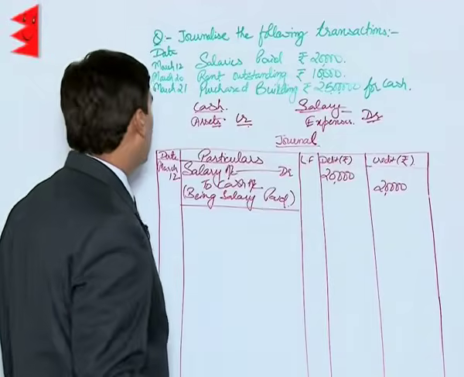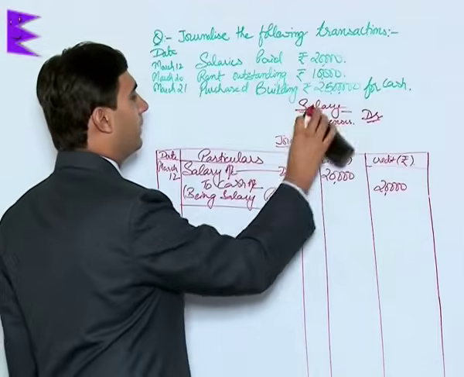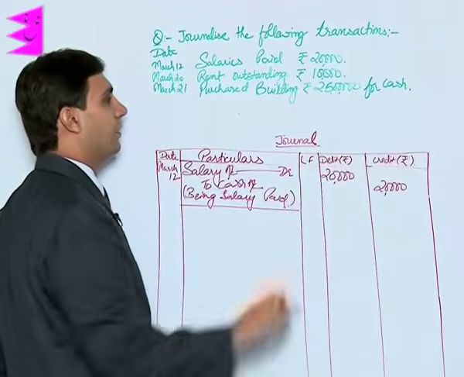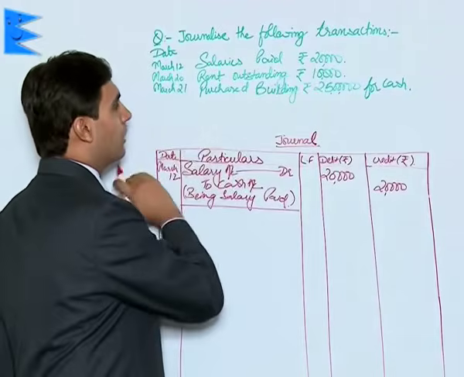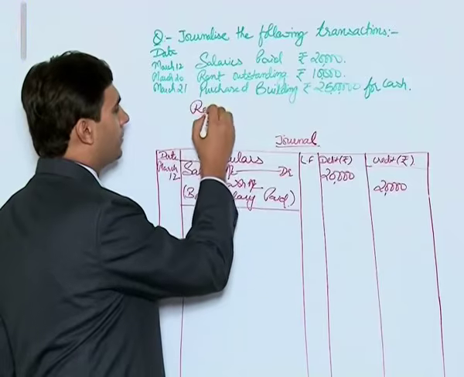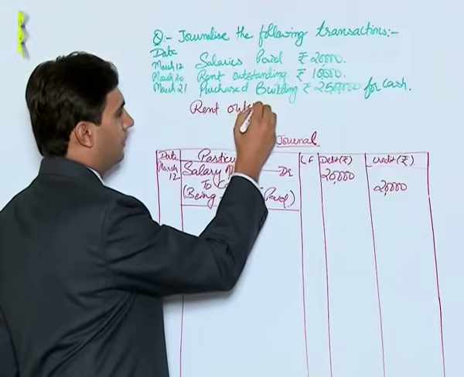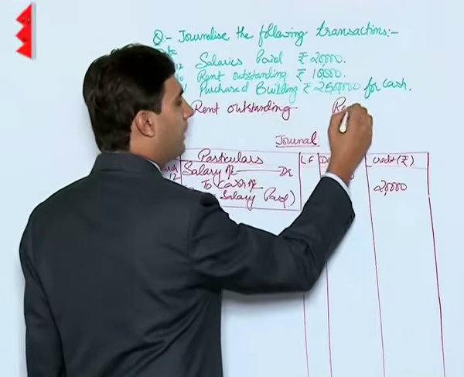Now students, coming to the second transaction that is given to us, that is on date March 20th. It says rent outstanding 10,000. Now there are two accounts involved here. First one being rent outstanding account and the second account being rent account.